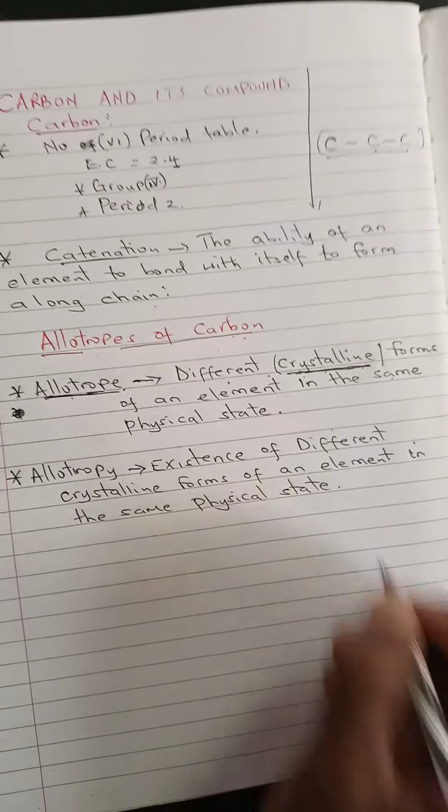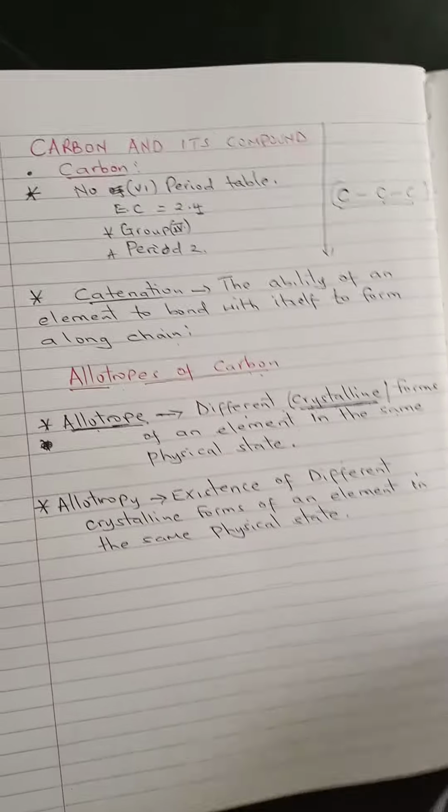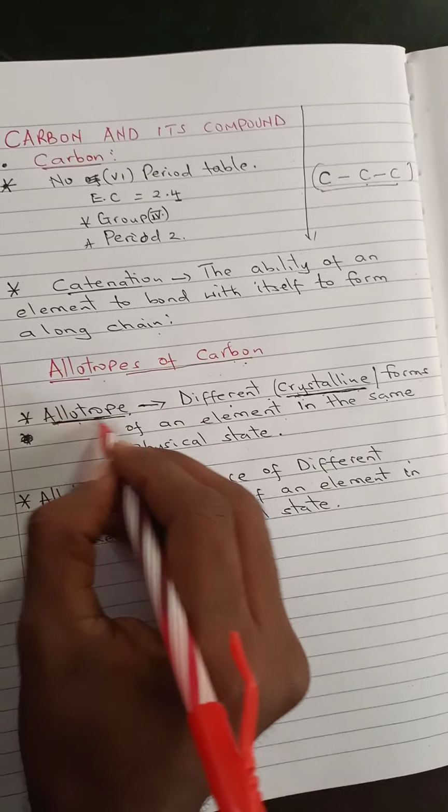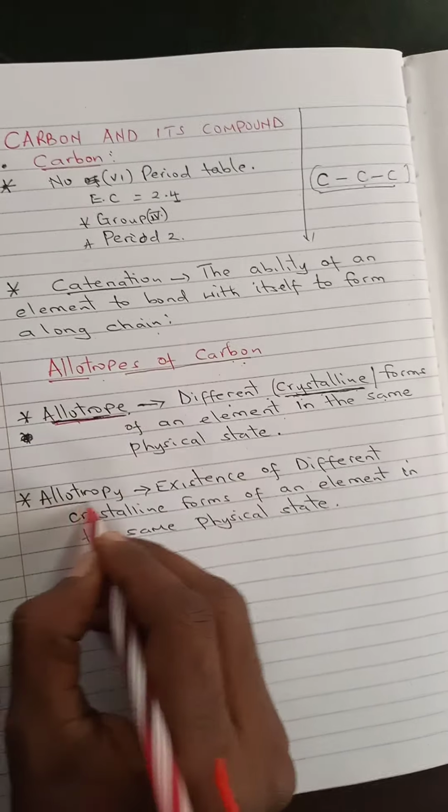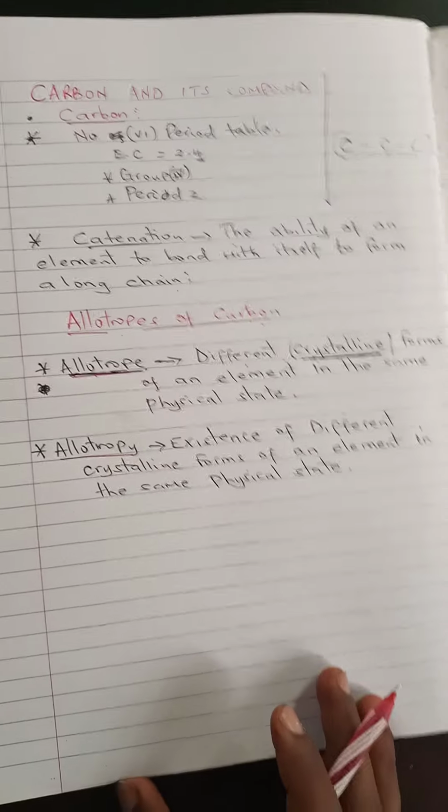In the same physical state, that is what we call allotropy. So these are the two major definitions that you need to understand.